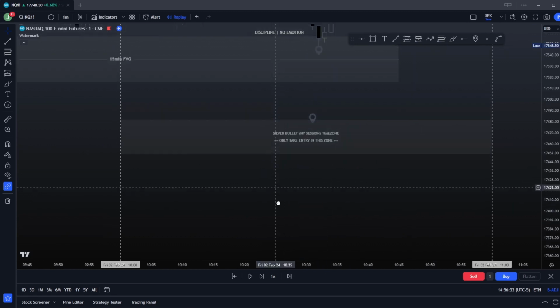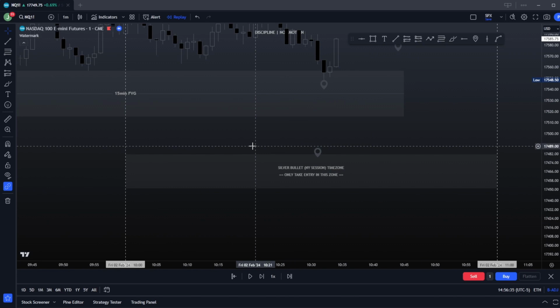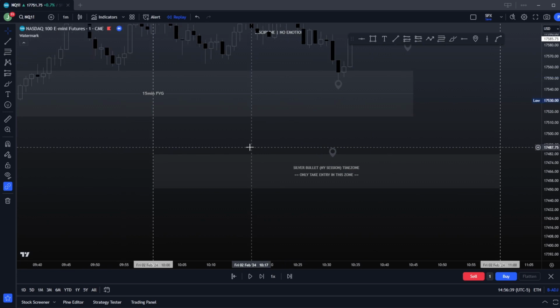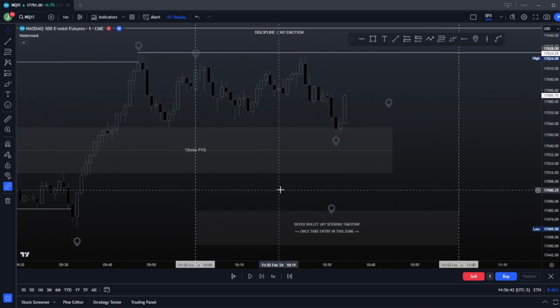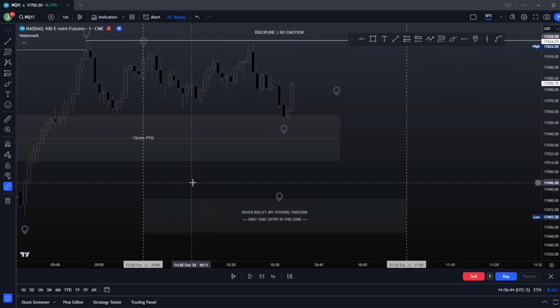Huh. Well, okay, we just tapped into a fair value gap. We're respecting a fair value gap. That's interesting. But remember how I said your confluences can appear before this time zone happens, but you only take your entry in this time zone.